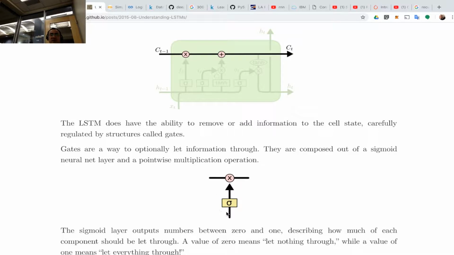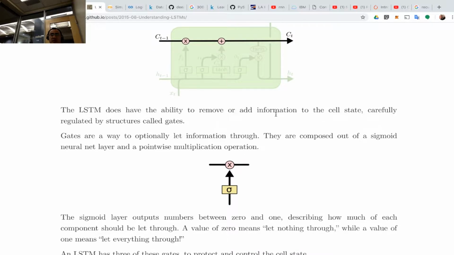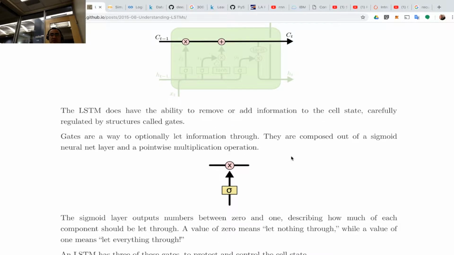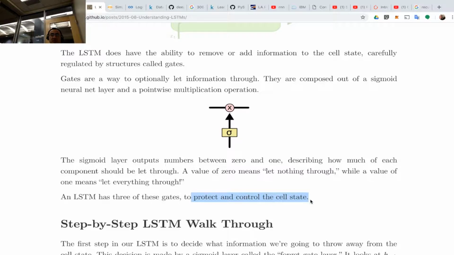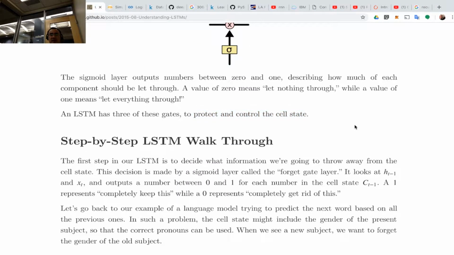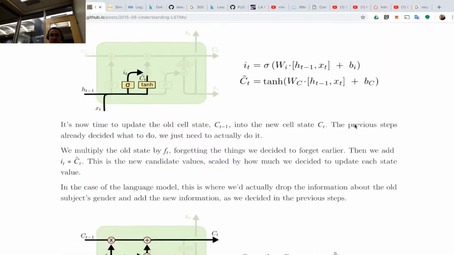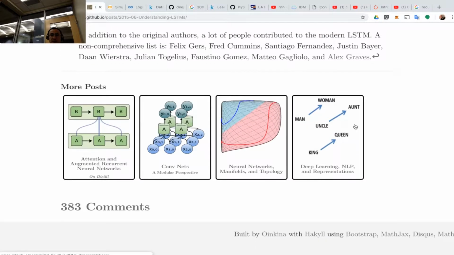This is amazing, because it has three contributions to remove and add information to the cell state, to protect and control the cell state. What is a cell state? I'm not really sure. Okay, step by step.